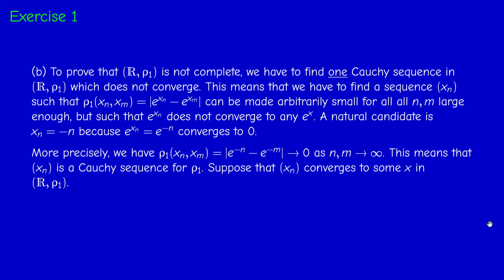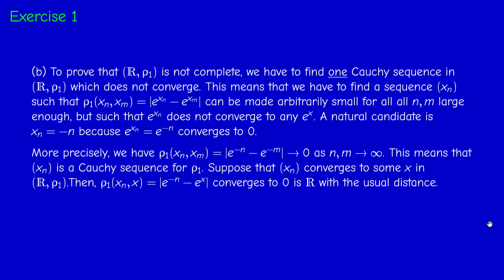So, by contradiction, suppose that x_n converges to some x in (R, rho 1), then rho 1 of x_n and x will be exactly the absolute value of e^{minus n} minus e^x. So if x_n converges to x for rho 1, then this quantity would converge to 0 in the usual sense.